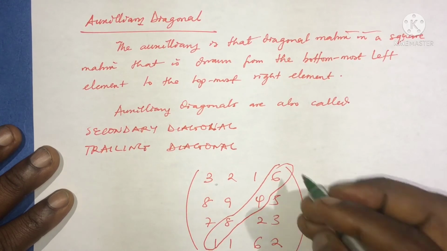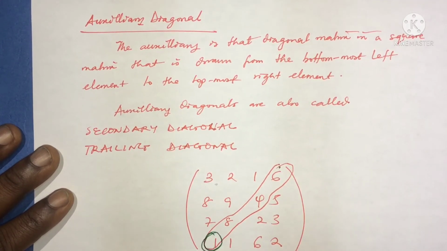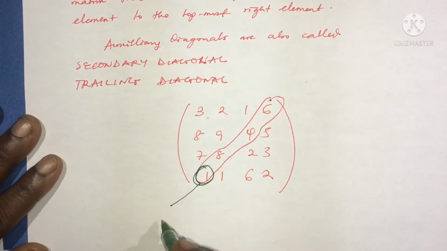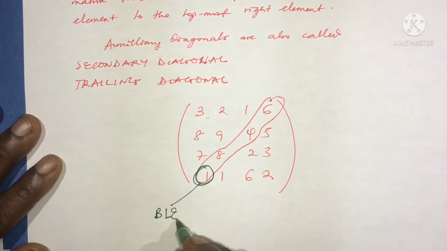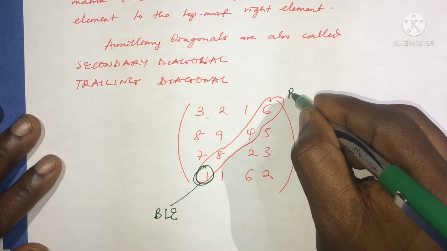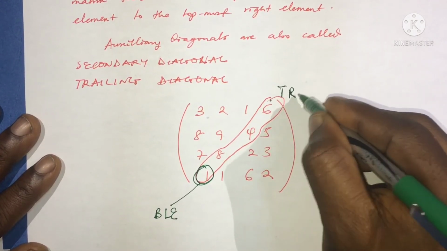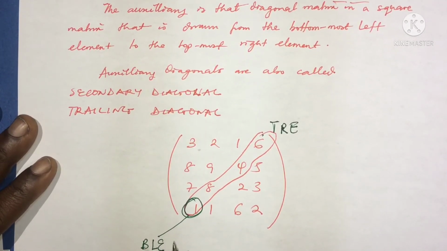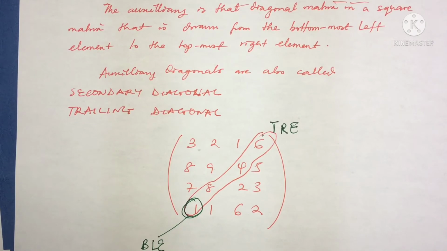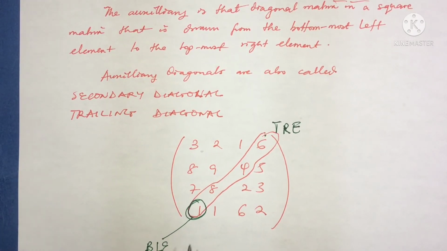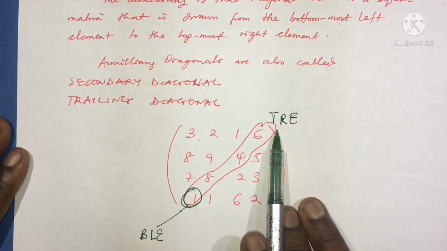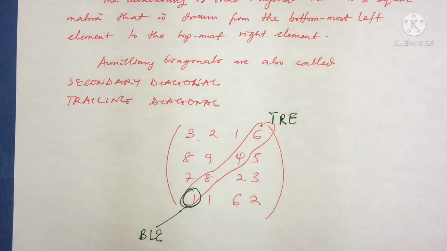Now, notice that it moves from this element, which happens to be the bottommost left element, to this element, the topmost right element. Okay, so the auxiliary diagonal, also known as the secondary diagonal, also known as the trailing diagonal, is that diagonal that is drawn from the bottommost left element, this one here, to the topmost right element. Okay, so please don't forget that.